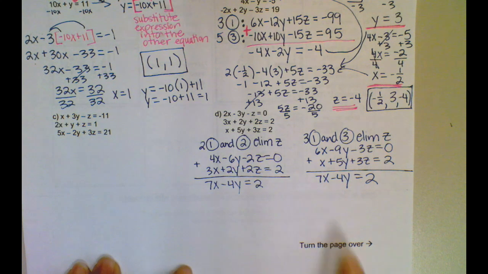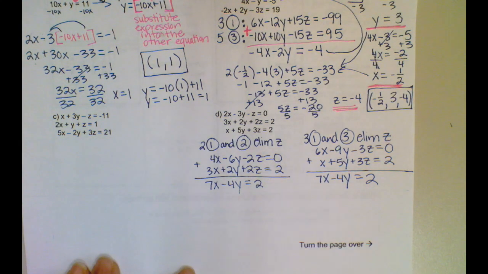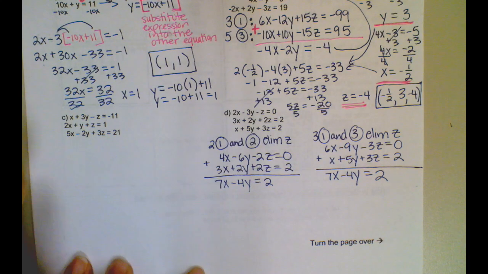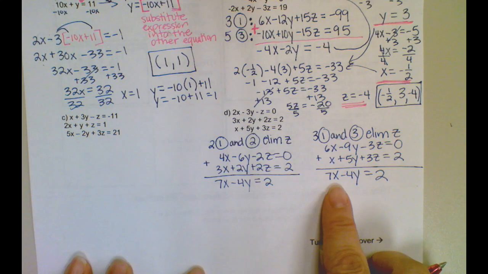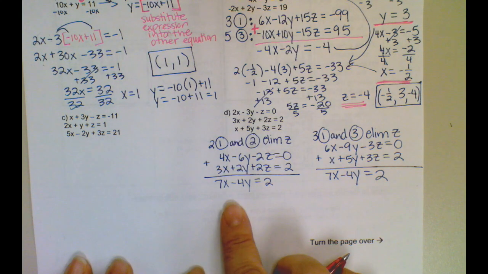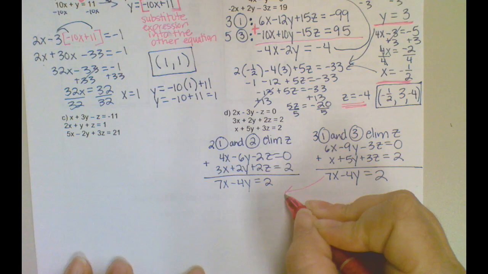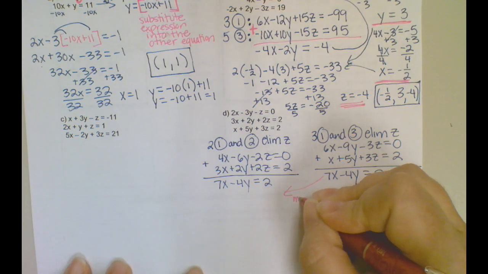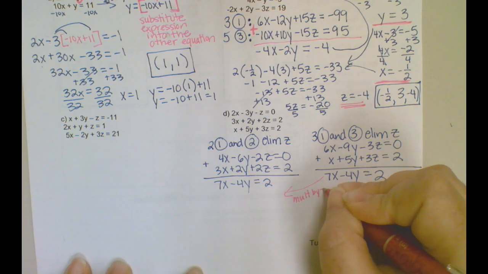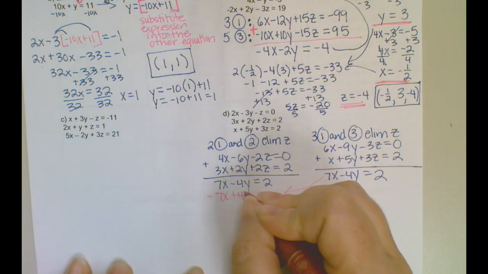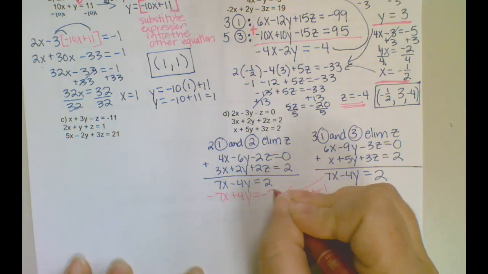Now, you may already know the answer, but when we are solving that 2 by 2, what we would be doing is either using substitution or elimination. If I want to use elimination, I would multiply the second equation by -1. So multiply by -1. So negative 7x plus 4y equals -2.